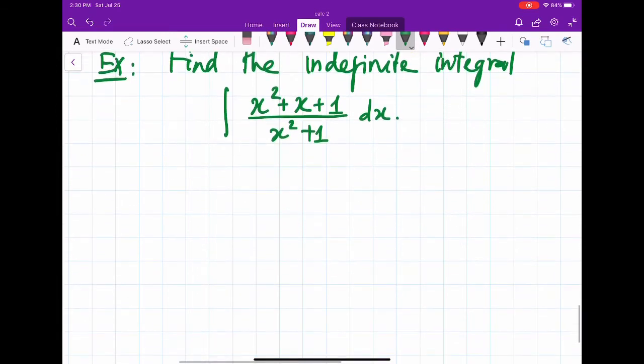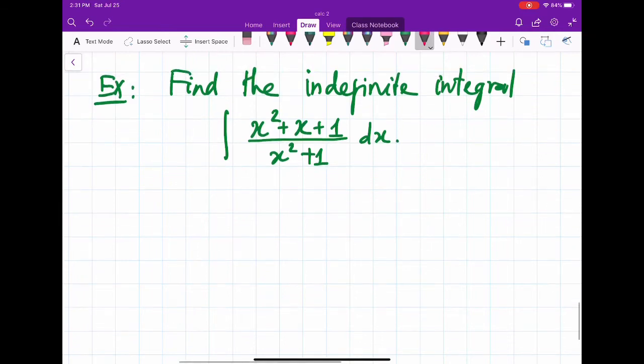So I will do it in the following way. Of course, in the textbook they tell you to use long division before integrating, but for such a function we don't need long division, because I see here x squared plus 1, and here x squared and plus 1. So basically I just need to break the function into two functions.